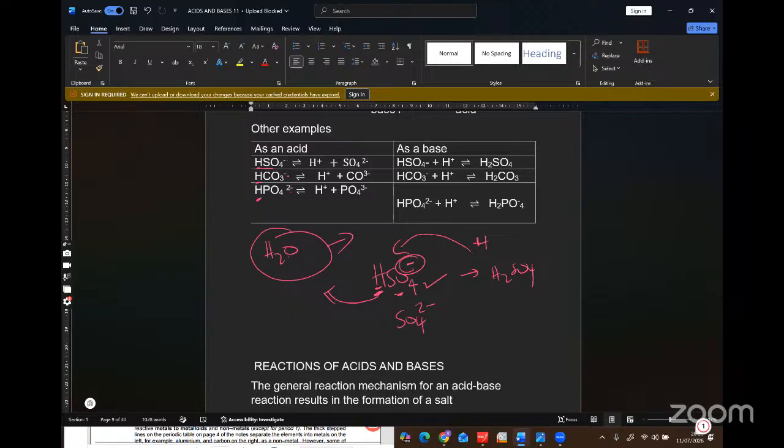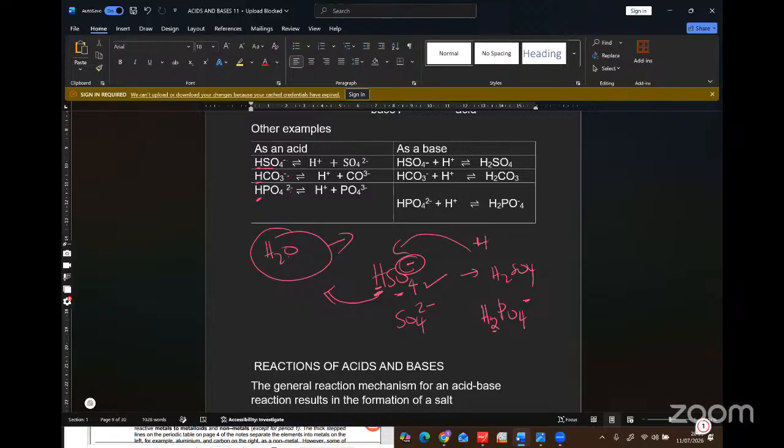But it is not only this, especially for this one. Even this one, H2PO4 minus, is also amphiprotic. It has two hydrogens. When I say it should have hydrogen, I mean at least one hydrogen atom attached to it. So it can be one, it can be two.